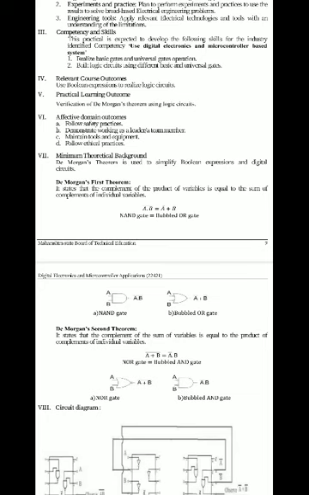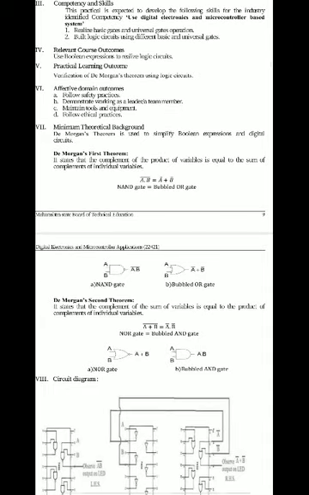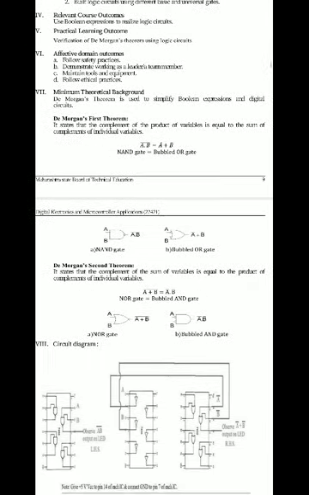What is De Morgan's second theorem? It states that the complement of the sum of variables is equal to the product of complements of individual variables, which means (A plus B) bar is equal to A bar dot B bar. For that purpose, we require a NOR gate equal to a bubbled AND gate.